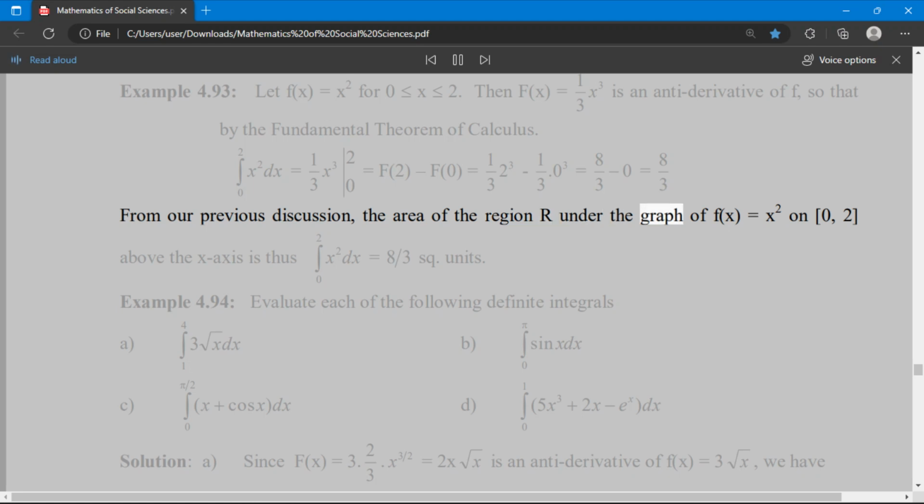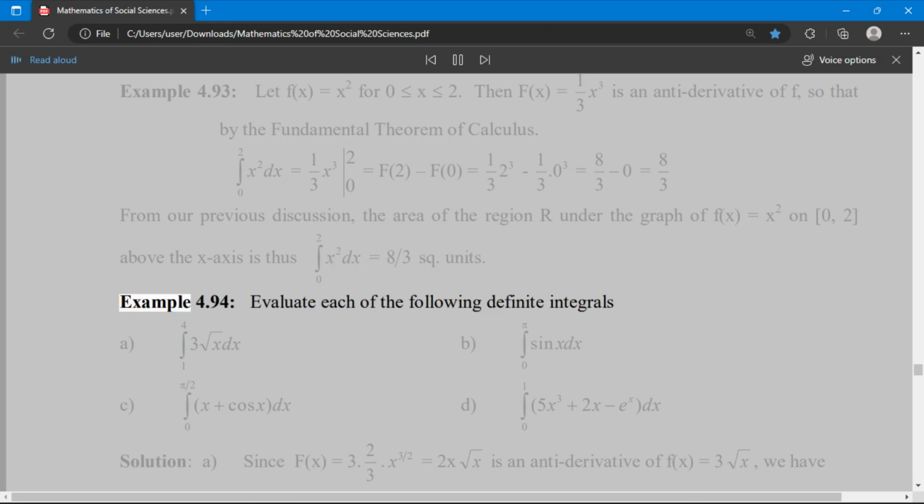From our previous discussion, the area of the region R under the graph of f(x) equals x² on [0, 2] above the x-axis is thus ∫₀² x² dx equals 8/3 square units.